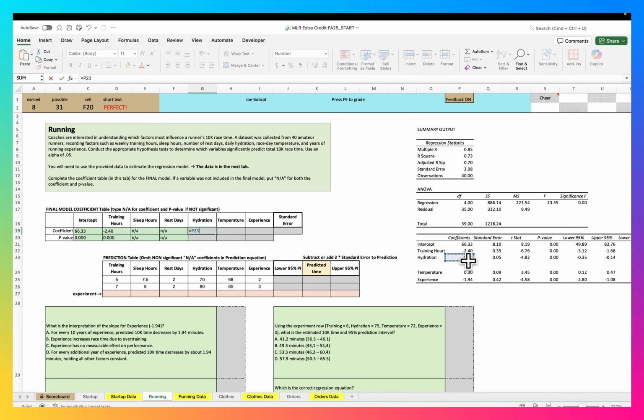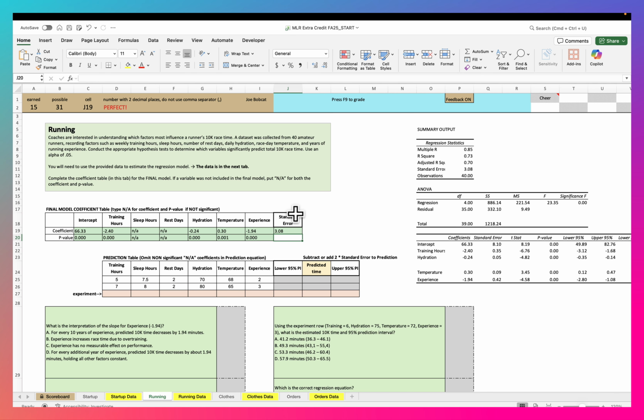Equals coefficient for hydration, equals p-value for hydration, equals coefficient for temp, equals p-value for temp, equals coefficient for experience, equals p-value for experience, equals standard error for the whole model.